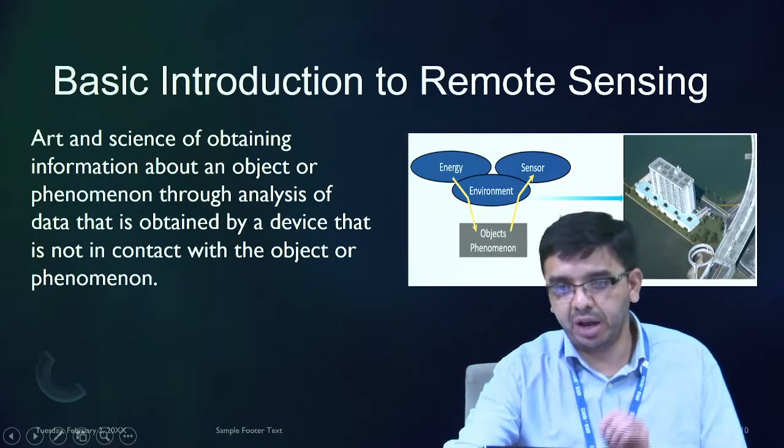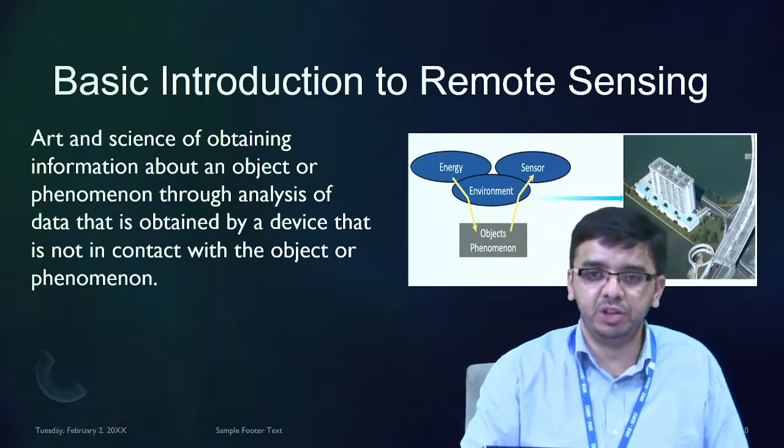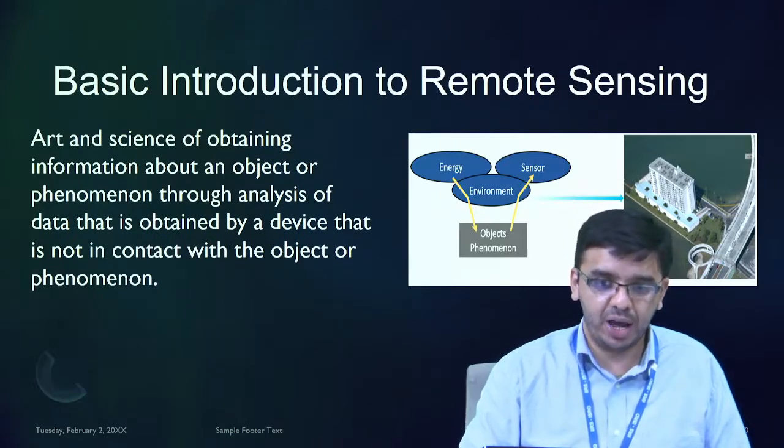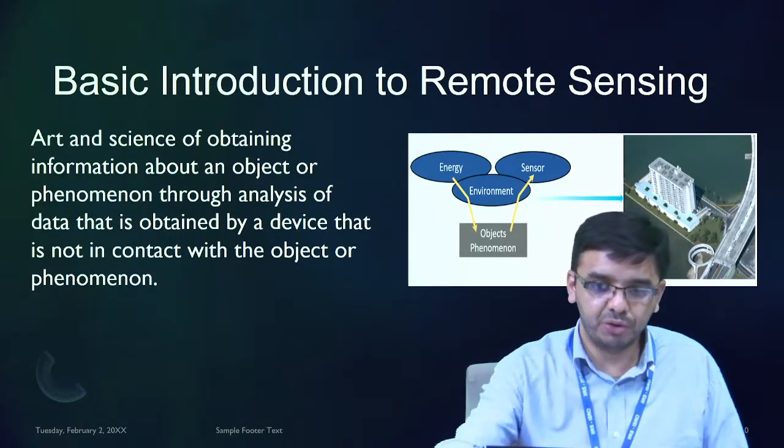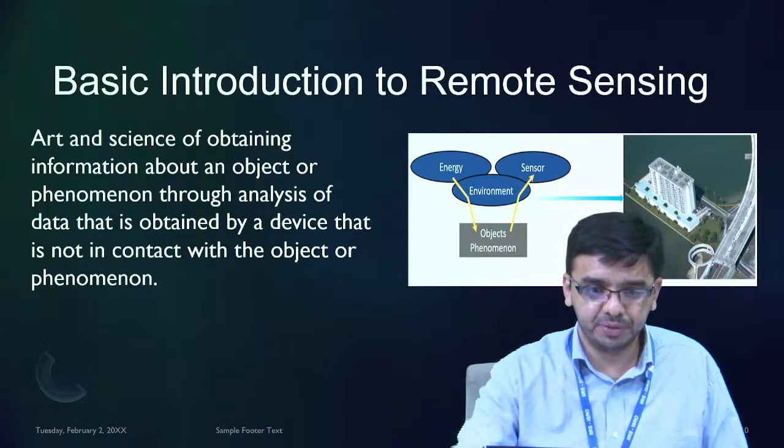When you take a photograph, or when we see with our eyes, an image of the object we are looking at is formed in our eye. Without physical contact with the object, we are extracting information about it, and that is called remote sensing.